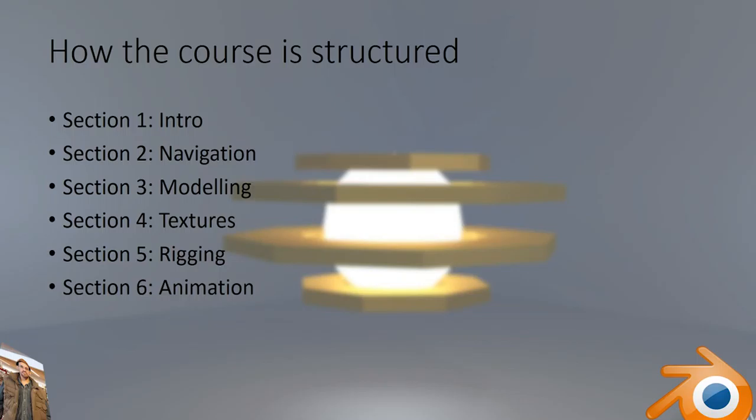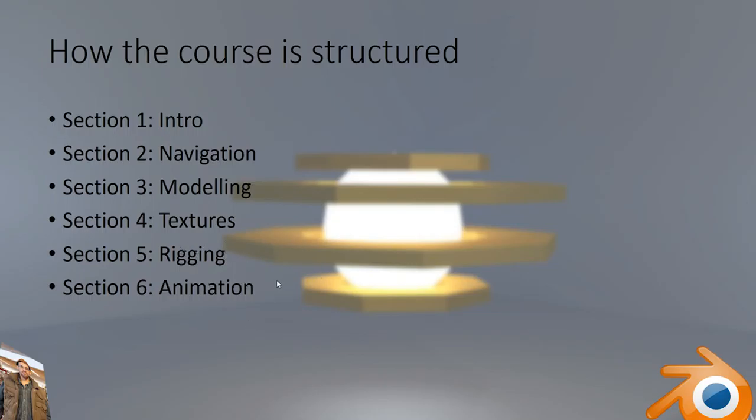Once you've done that, we're going to move on to animation. Animation, fairly straightforward. You're going to learn how to create video animations using objects. We're going to start by looking at animating something called Mr. Cube. So we're going to animate a cube object, very basic animations. And then we're going to do a little bit more advanced stuff in animations, such as actually being able to create a human animation.